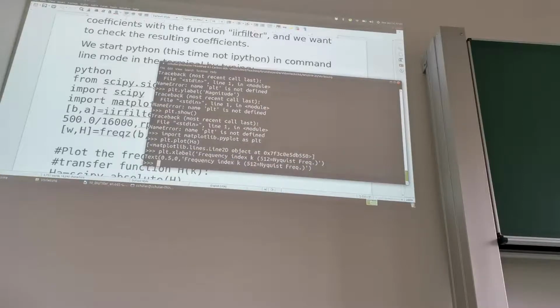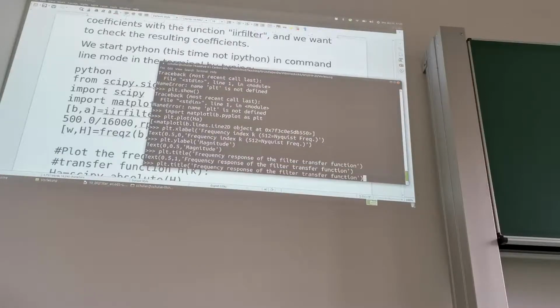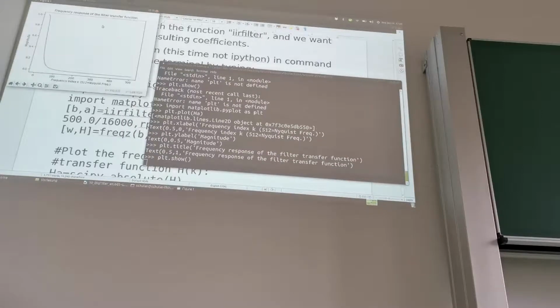X label, Y label, title, and show. And here we go.